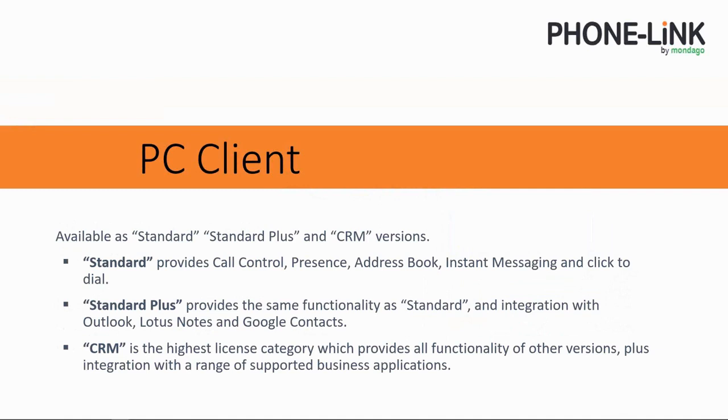The Standard Plus license has everything that the standard license has, but also offers integration to Outlook, Lotus Notes, and Google Contacts. And the final category is the CRM. This is the highest license category that we have, and basically provides all of the functionality of the previous two license types, but will also have the ability to support integration to the full range of CRMs and applications that we have available.